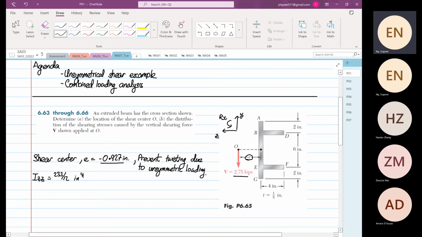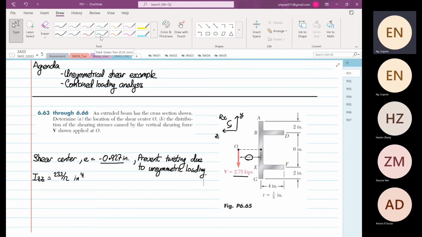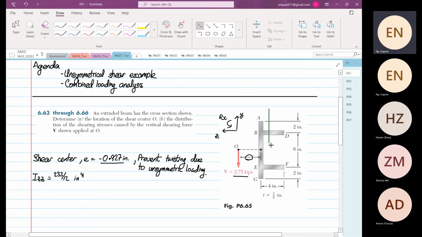Why is this under unsymmetrical loading? If I were to sketch, just to recall, a centroid, for example, this is a sketch, this is our centroid.